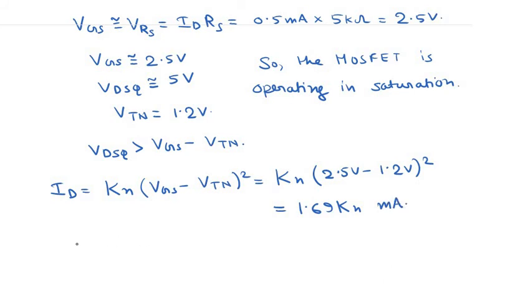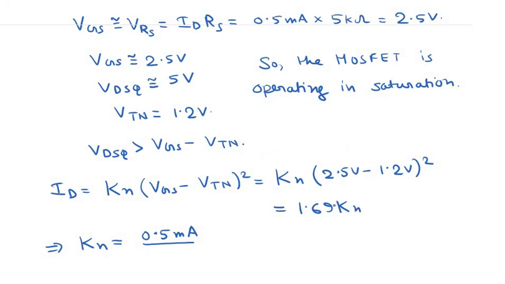So capital Kn is equal to ID, which is 0.5 milliamperes, divided by 1.69. We would actually not write the milliampere over here. Instead, let us keep the unit of Kn confined to Kn itself. The unit of Kn is milliampere per volt square, and here we have volt square, so I multiplied these two and wrote milliamperes, but let us not do it.